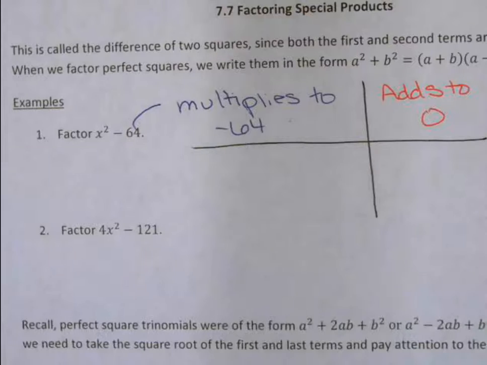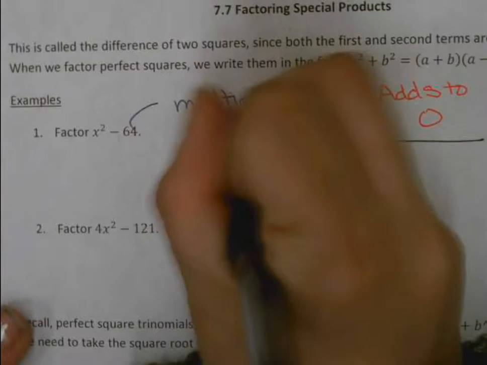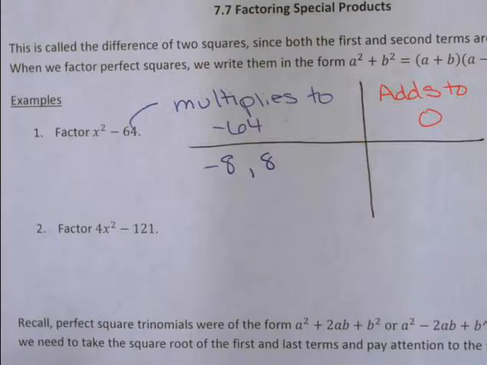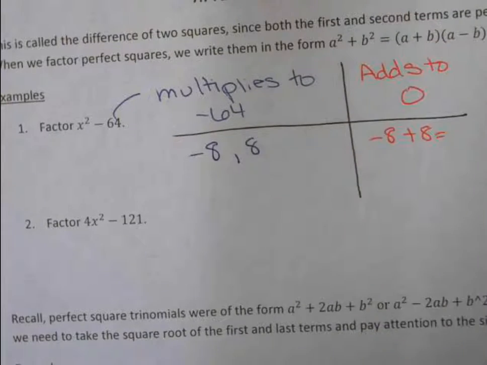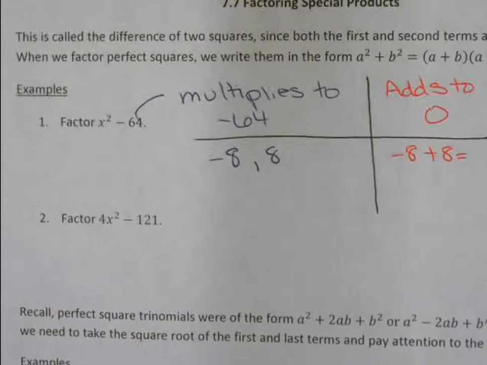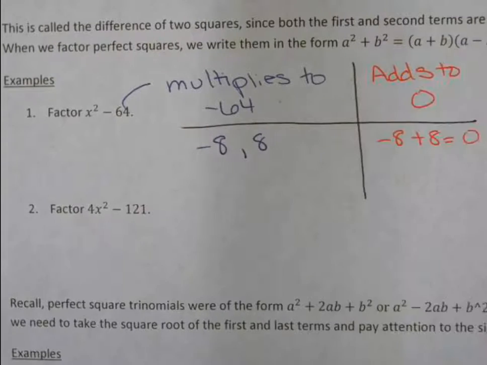So, what multiplies to negative 64? Negative 8 and positive 8. So when I add negative 8 to positive 8, what do I get? 0. So is this my right set of numbers?